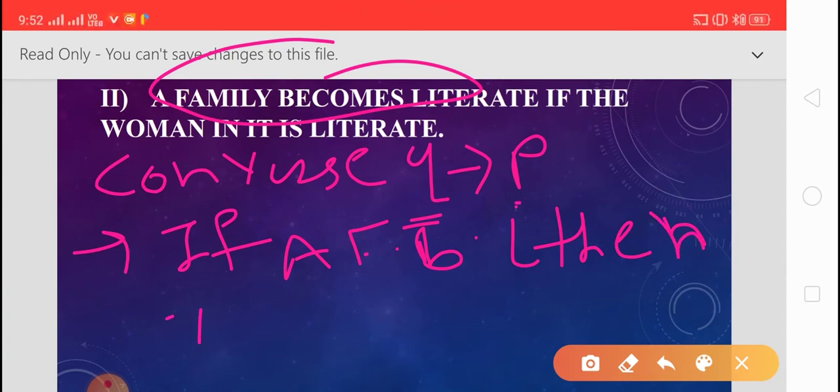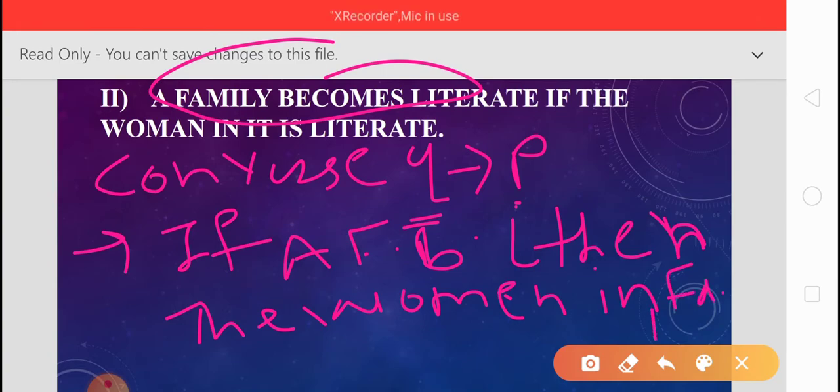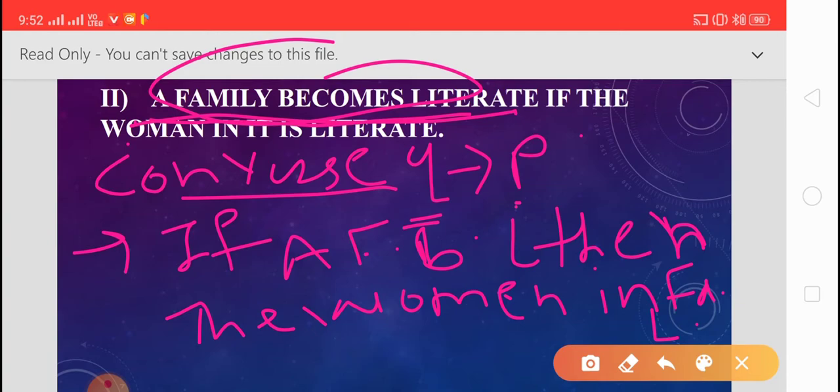So in verbal form: if a family becomes literate, then the woman in a family is literate.